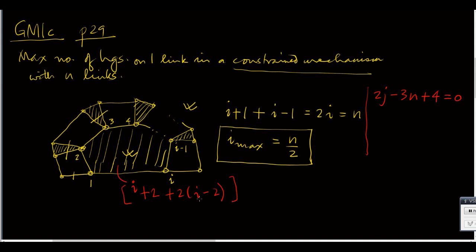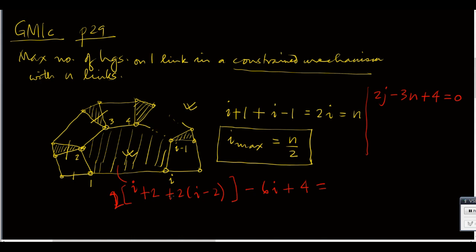This we multiply by 2, this 2 minus 3n, but n is 2I, so minus 6I plus 4. Where do we stand? Here we have 2 times minus 2, which is minus 4, and that's 4, so that will cancel.